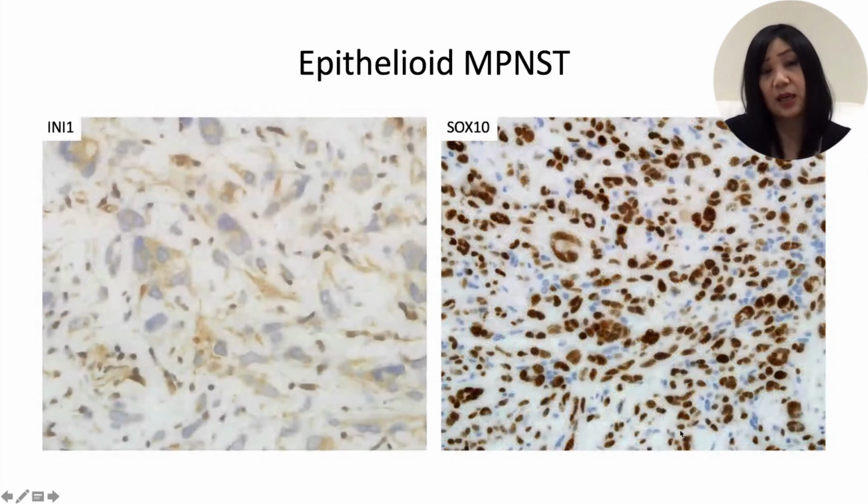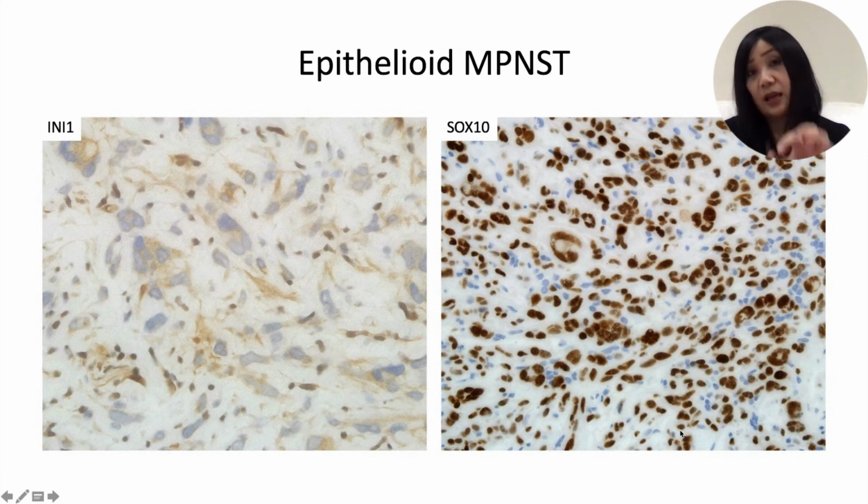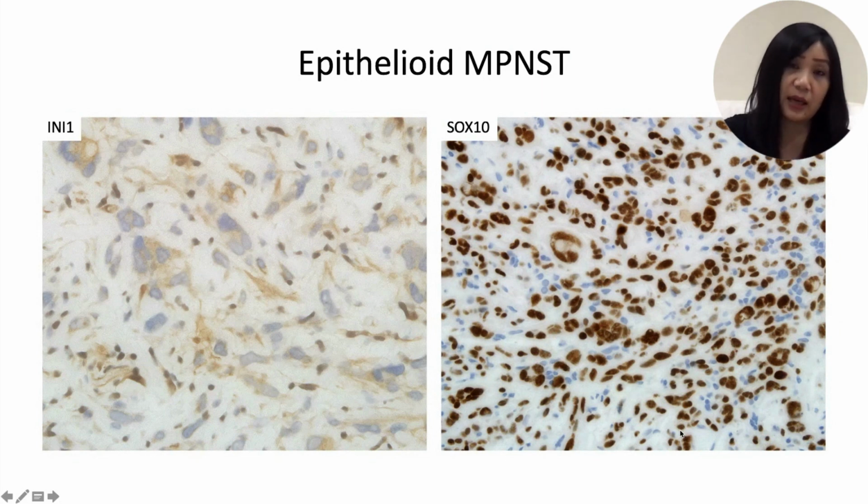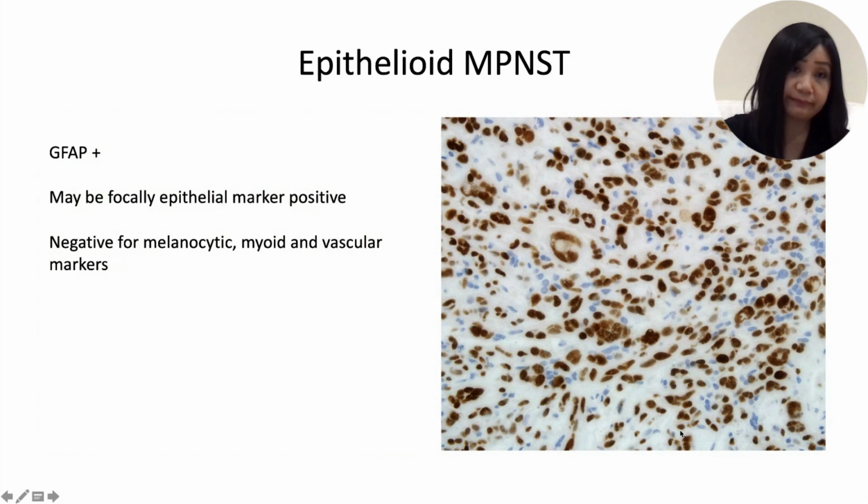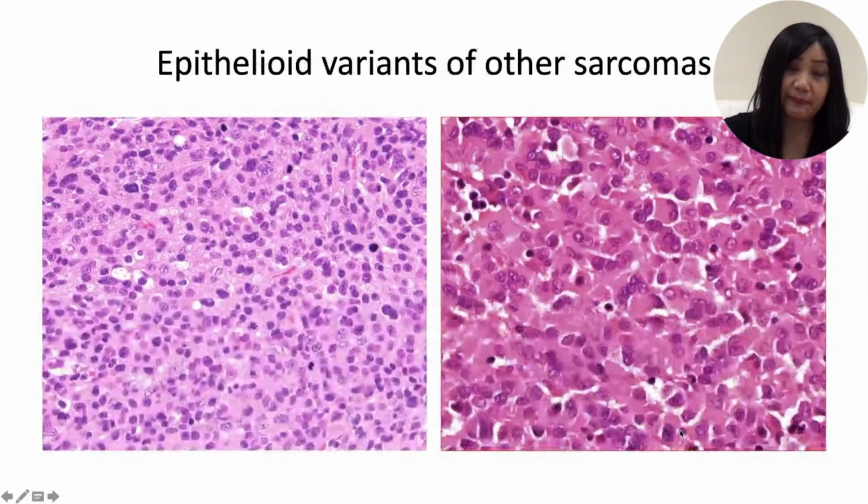We can see the very apparent INI1 loss, and we can also see the SOX10 expression. So in contrast to conventional MPNST, diffuse and strong SOX10 and S100 protein expression and INI1 loss. There may be focal epithelial marker expression, but it's negative for melanocytic, myeloid, and vascular markers.